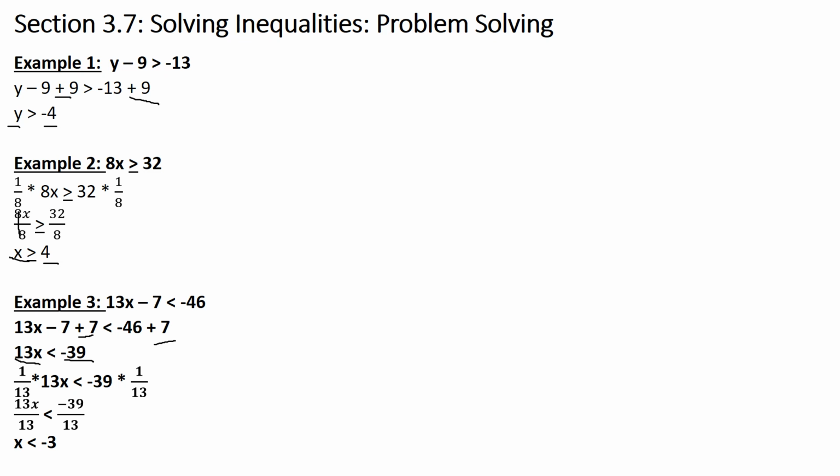So I'm going to multiply both sides by 1/13 to turn that 13x into an x. 1/13 times 13x is 13x over 13, which is simply x. They all cancel out, so x on the left. Negative 39 times 1/13 is negative 39 over 13, which is negative 3. So x is less than negative 3.